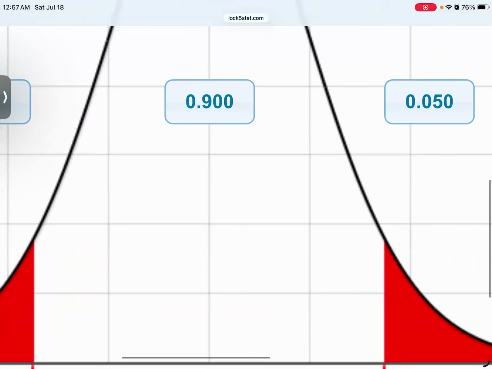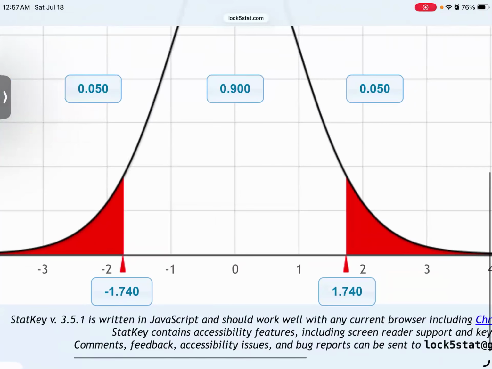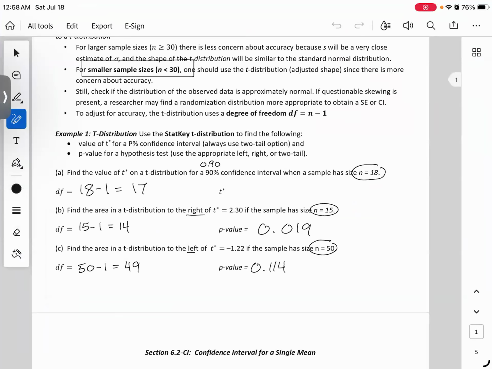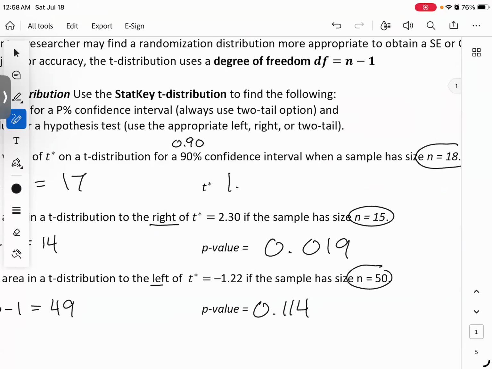So now I've got the 0.90, and down there where you see the red, it's saying that's what you need to multiply your standard error by to get as wide as you want it to be, which would be the 1.74. You would do a minus version and a plus version, but that is how much you would need to multiply to get that particular width.